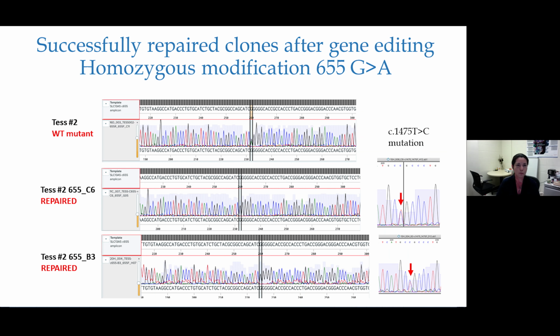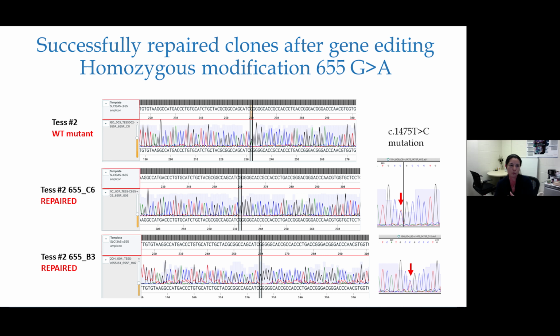All these tools were delivered into the TESS 2 cells. And here I'm showing just where the mutation is, that particular mutation, and 2 clones after the cells were repaired. And to the right, I'm just showing the other mutation that still remains, since TESS 2 has 2 mutations.